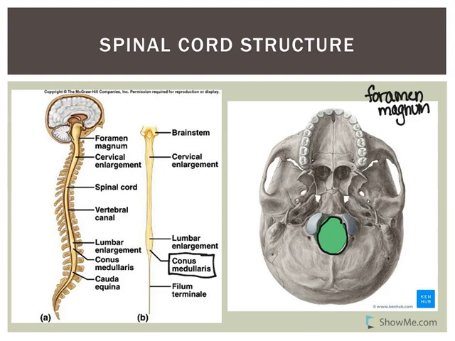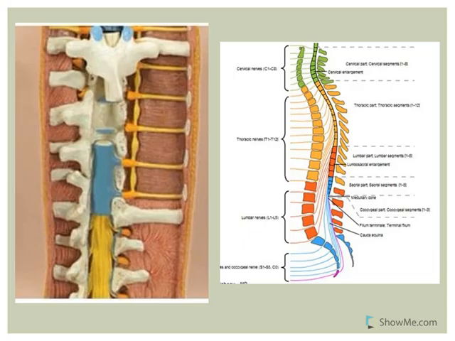The spinal cord contains a total of 31 spinal cord segments. So we have 31 segments. I'm going to write 31 segments. I'm zoomed in on the open back torso model from lab, and right here you can see the conus medullaris, where the end of the spinal cord is.